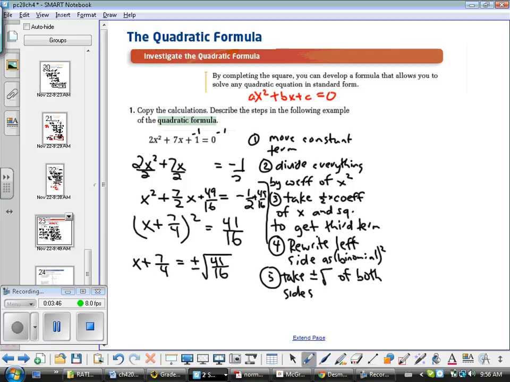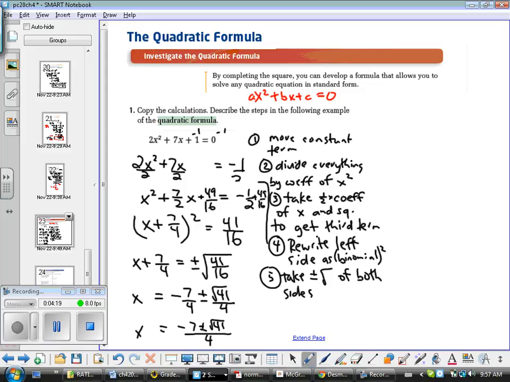Finally, I subtract 7 over 4 from both sides. So negative 7 over 4 plus or minus root 41 over 4, and then you can just rewrite it. So that's my solution: x equals negative 7 plus or minus root 41 all over 4.